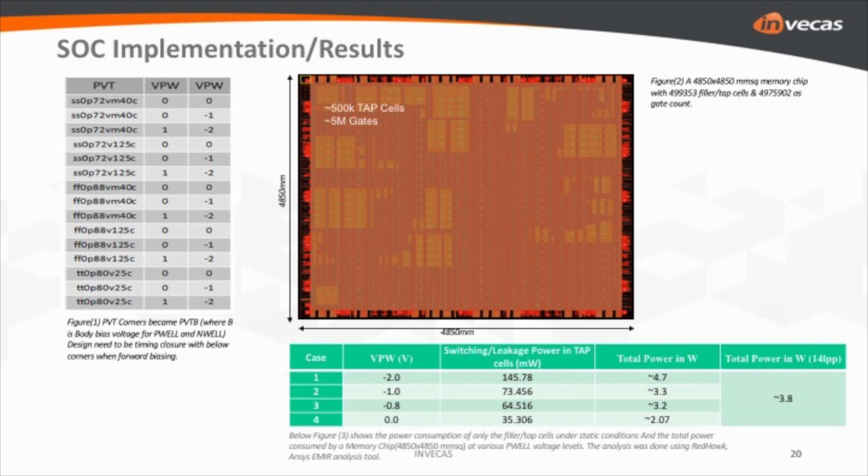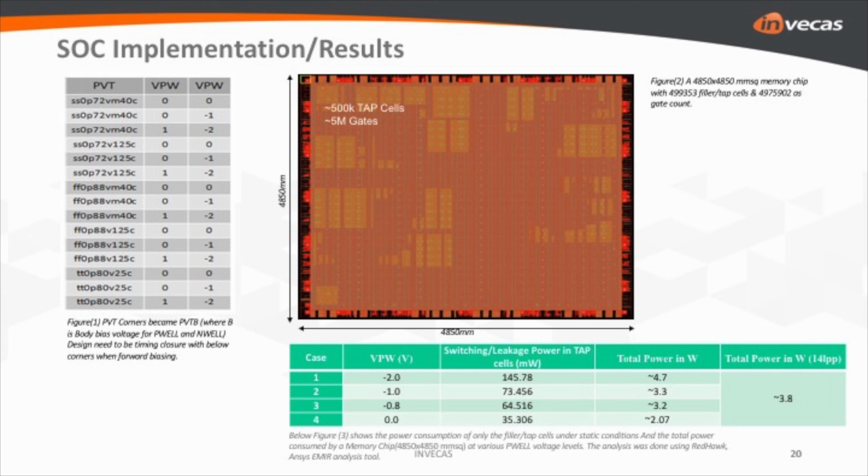Figure 3, table 3, shows the power consumption of only the filler and the tap cells under static conditions, and the total power consumed by the memory chip at various P-well voltages, that is the bulk voltages. The analysis was done using RedHawk, which is an EMIR tool provided by ANSYS.